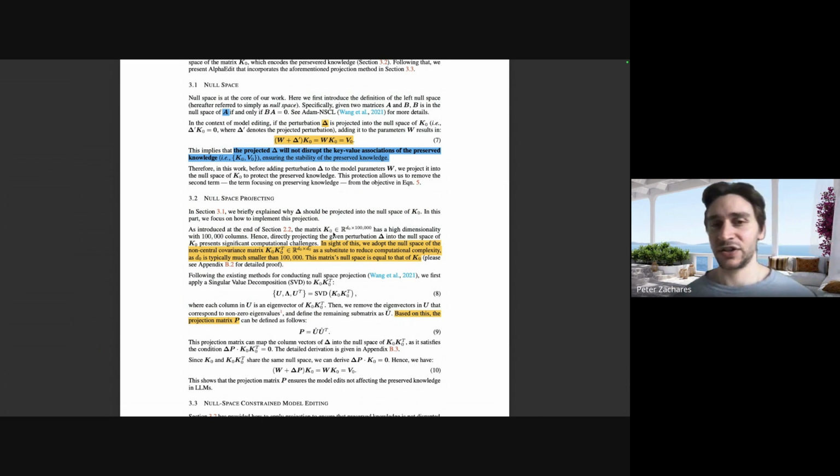One thing we haven't touched on is that a part of this approach, all of these approaches, is that you have to select specific layers to update. And so it could be that different layers are important for different facts. So it might not be super easy to really understand how the whole preserved knowledge looks.